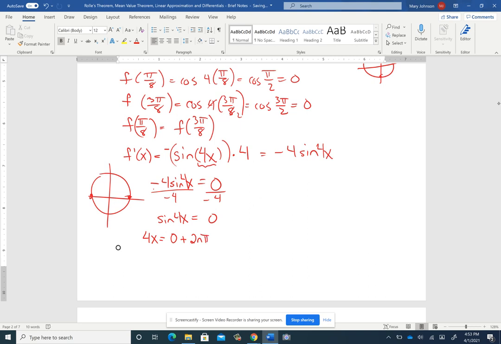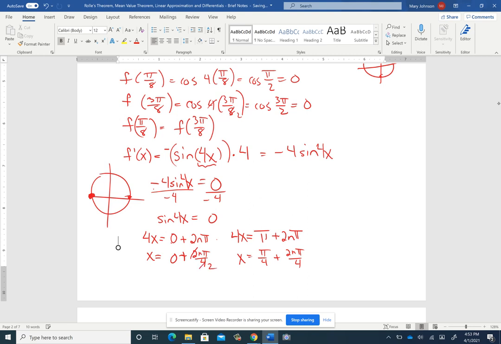So 4x could equal 0 plus 2n pi, or 4x could equal, over here on this side, pi plus any multiple of 2 pi, which means x would equal 0 plus, I'm dividing by 4 now, 2n pi over 4, or x would equal pi over 4 plus 2n pi over 4.